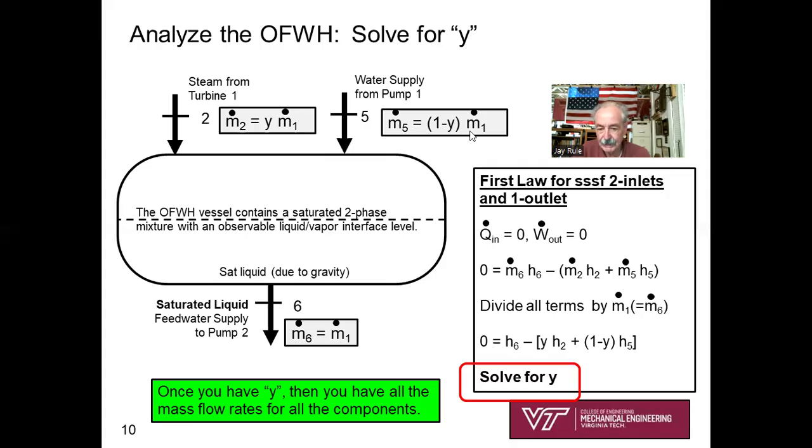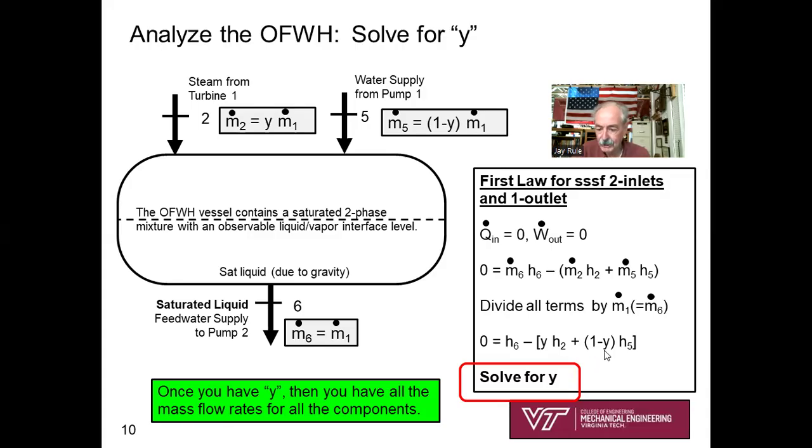So if you make your substitutions here, which I have not done, you can show that 0 equals h6 minus y times h2 plus 1 minus y times h5. Wow. Okay. Now, this isn't a formula. Don't blindly write this. This is not just a formula you get out of the book. This is a derived statement of the first law for the open feedwater heater, not a formula.